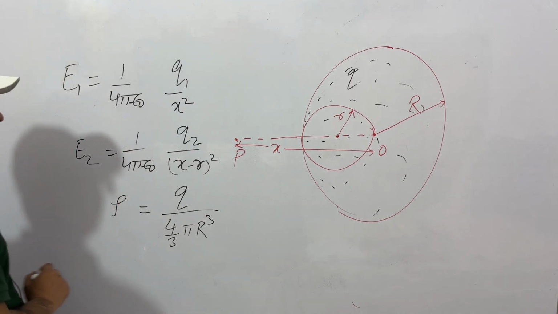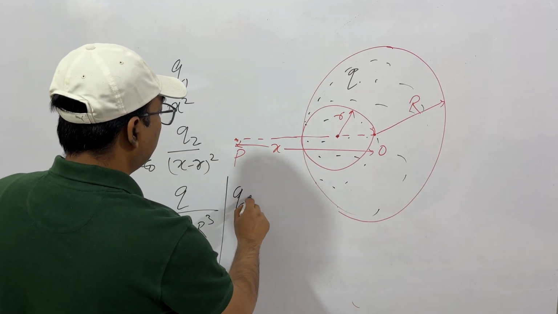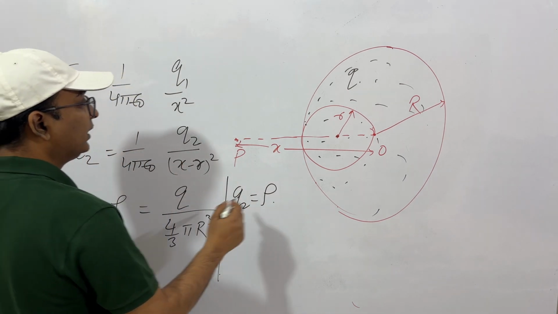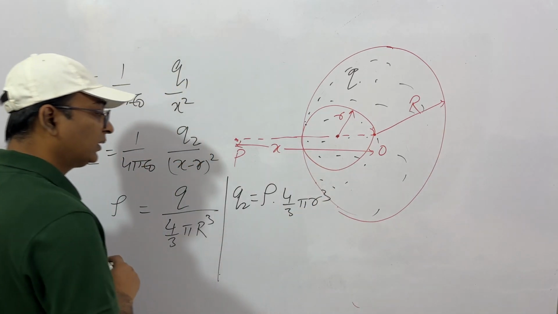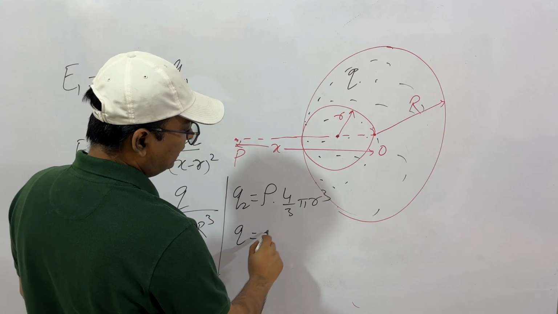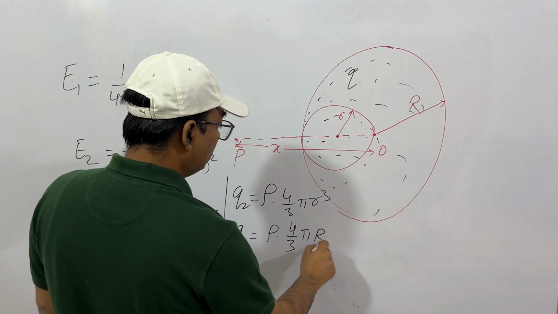This is rho. So Q2 will be rho into its volume. And what is its volume? Its volume is 4 by 3 pi r cube. So we know what Q2 is. Complete Q would be rho into 4 by 3, that we have written here.